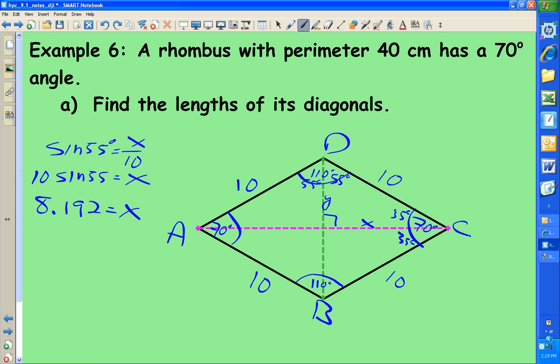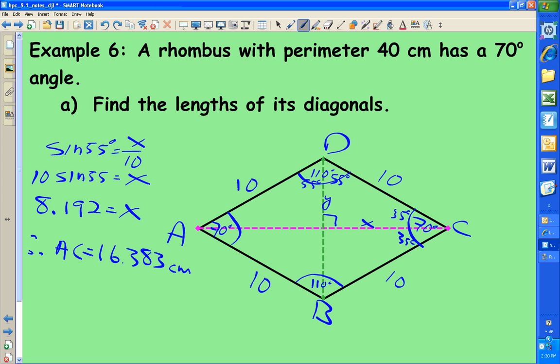Don't use the rounded value to double now. Double it, hit times 2 right away. So AC is going to equal 16.383 centimeters.